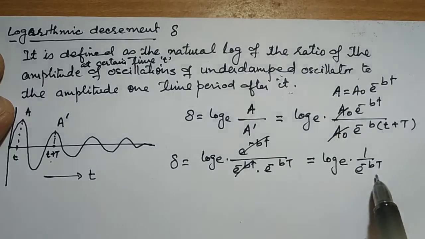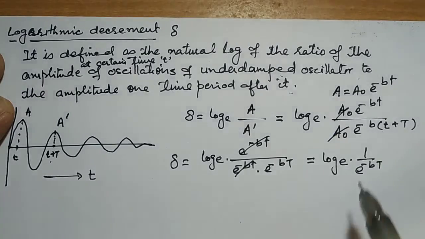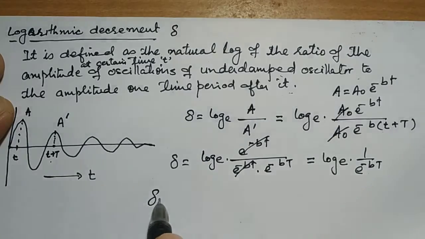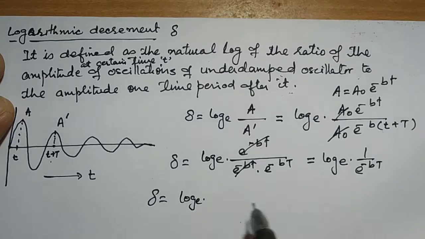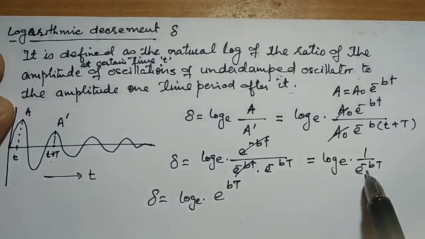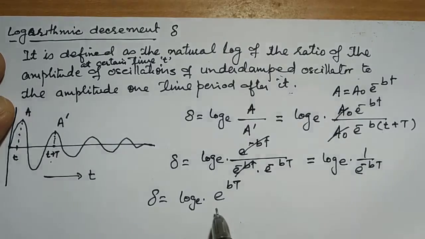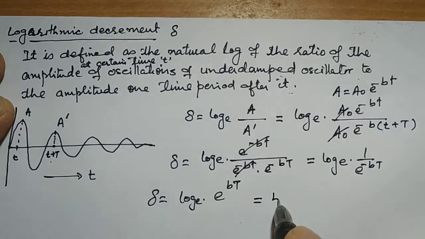We take this negative term to the numerator. We get delta equal to log base e of e^(bT), because this negative becomes positive here. Now log and exponential cancel each other, therefore we get bT.